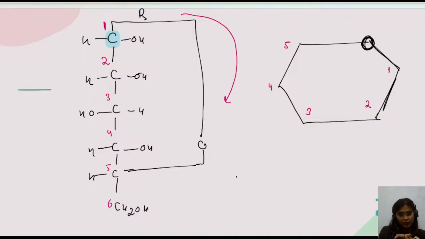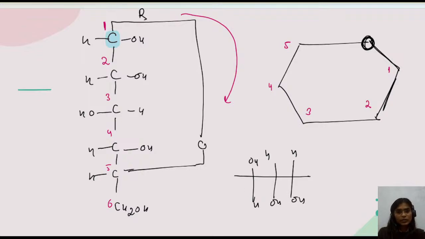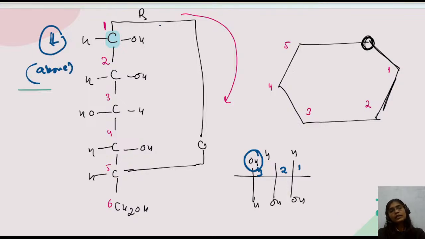Whatever is on the left-hand side you put above the plane, and whatever is on the right-hand side you put below the plane. Just tilt it this way and try to understand.